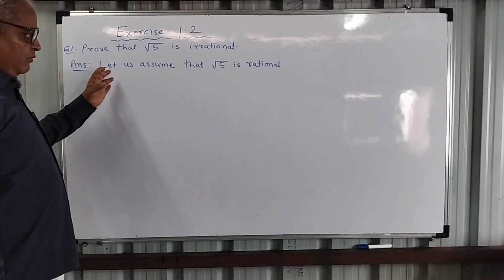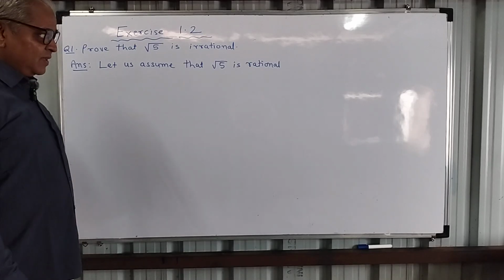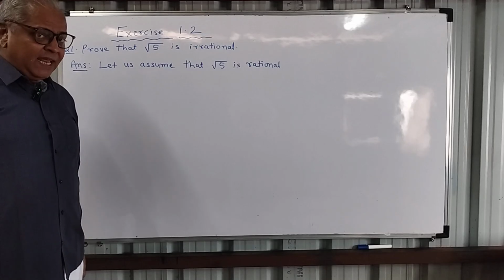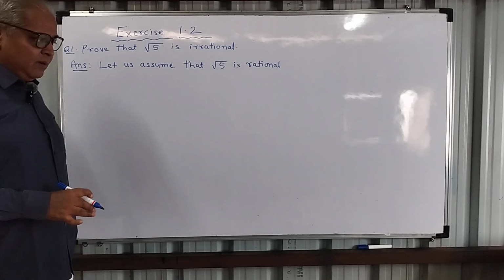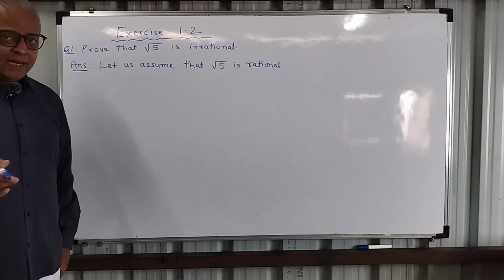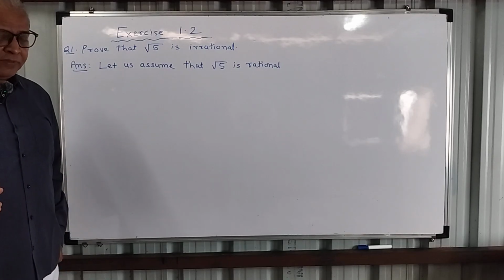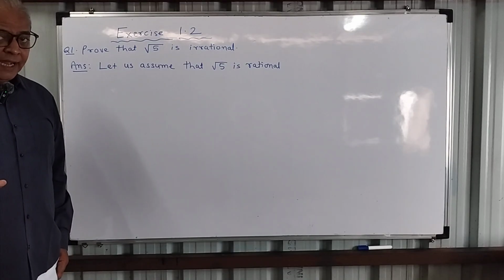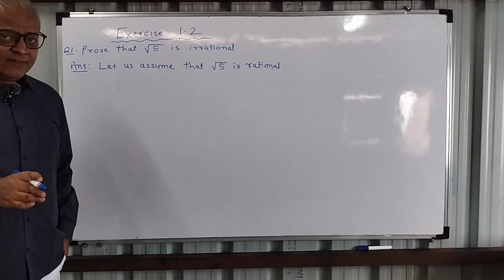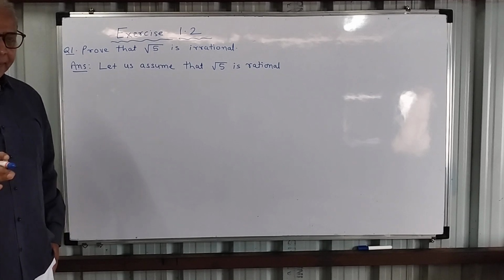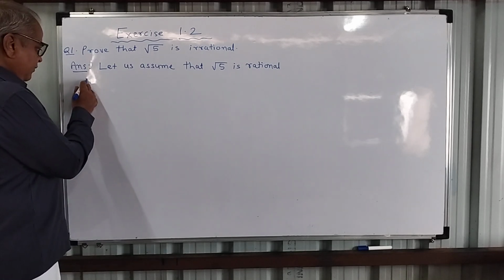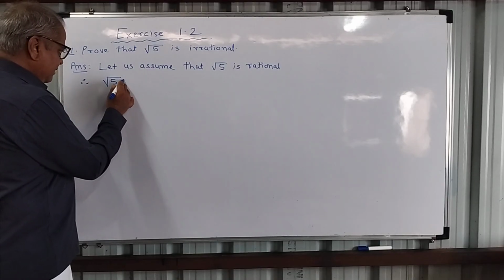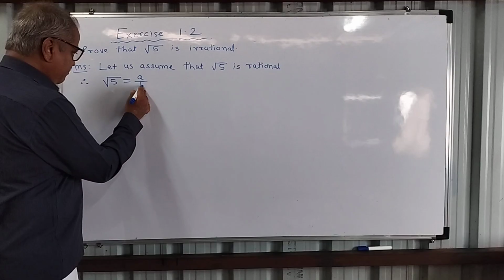For some time we assume that root 5 is rational, and as per our assumption we can apply the definition of rational number, that is any rational number can be expressed in terms of a upon b, where a and b are integers and b not equals to 0. And one more thing here we need to write is a comma b are co-primes. Therefore we can write root 5 is equals to a upon b.